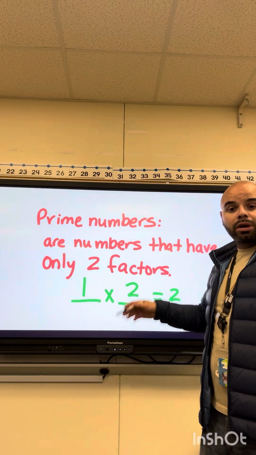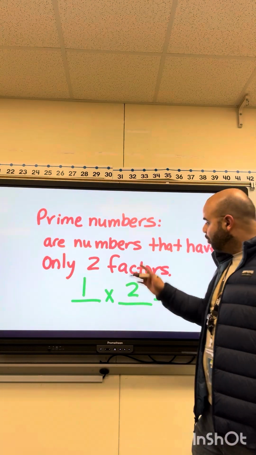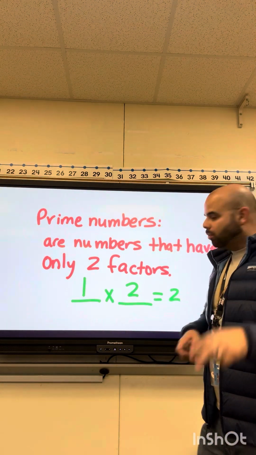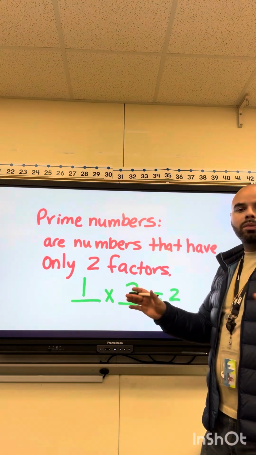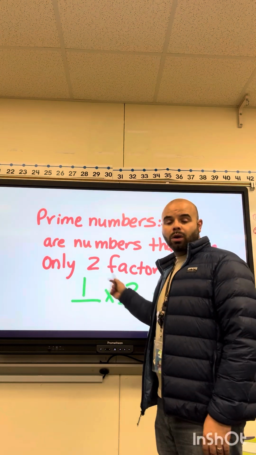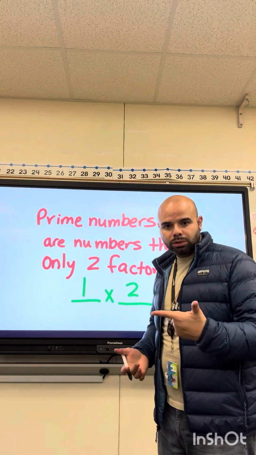For example, the number 2 is a prime number. There are only two numbers that could give you number 2: 1 and 2 when you multiply them. That's it. You cannot come up with any other numbers that will equal 2. You could say 2 and 1 or 1 and 2, but it's still the same numbers, 1 and 2.